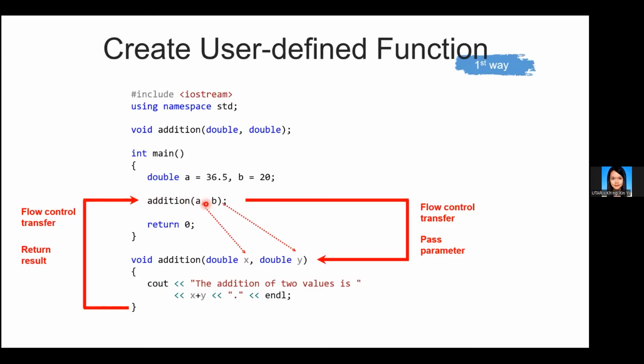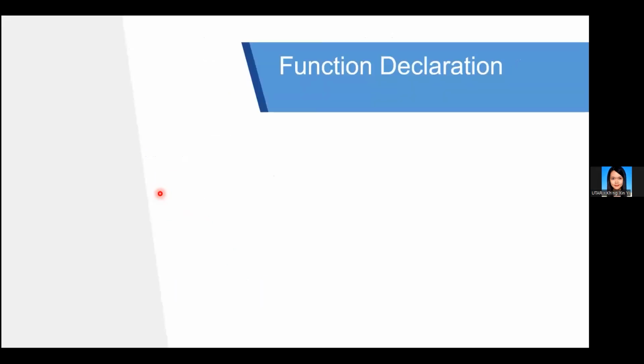Okay, so this is the flow. Just remember, we pass down the value information to the function first. Once it is done performing the job, it will return the control back to us.